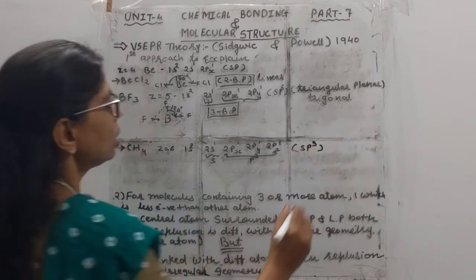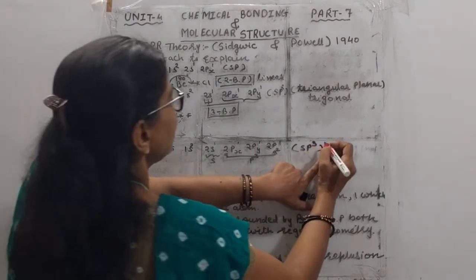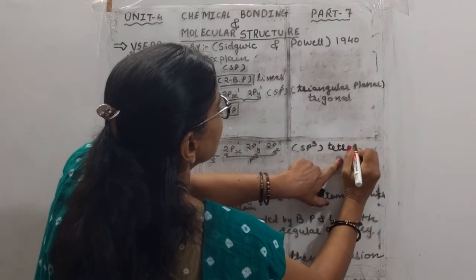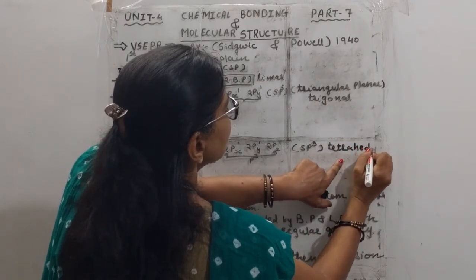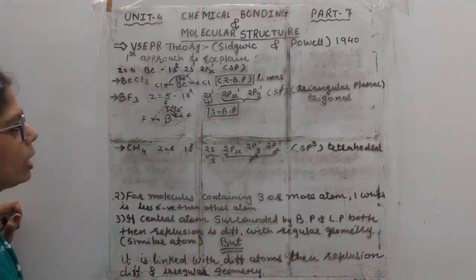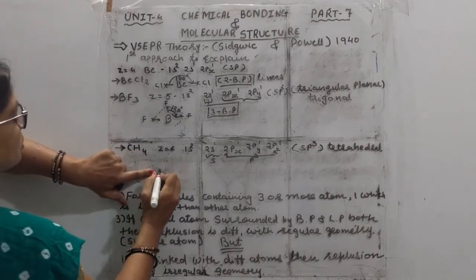Now if it is sp3 hybridization, then what about the shape of that molecule, student? The geometry is tetrahedral. Now we'll try to draw the structure for CH4.